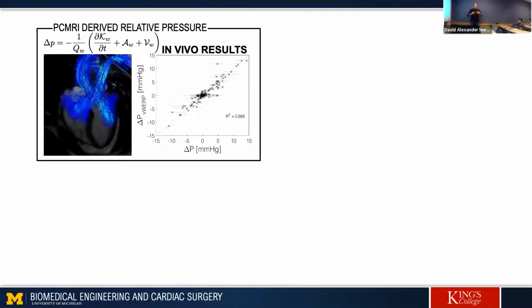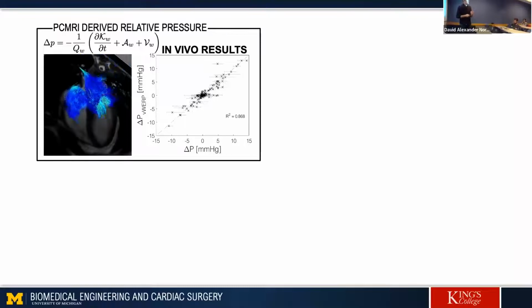So for example, if you have a valve stenosis, so your aortic valve, for example, if it can't open properly, it leads to a constriction that blood has to go through. And this adds to the work that the heart has to do. So it increases the amount of pressure the heart has to generate in order to drive blood flow. And so if you can look at the drop in pressure, that gives you an idea of how severe that disease is, right?